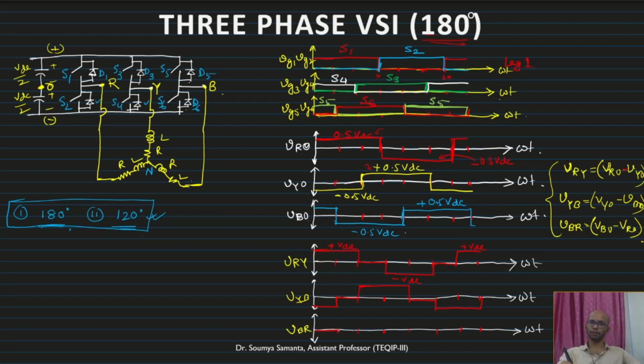So it will be VDC minus 0.5 VDC and minus 0.5 VDC because of this. So 0.5 VDC, and it will continue up to 240 degrees, and then it will be 0. You just check. I'm just directly drawing.